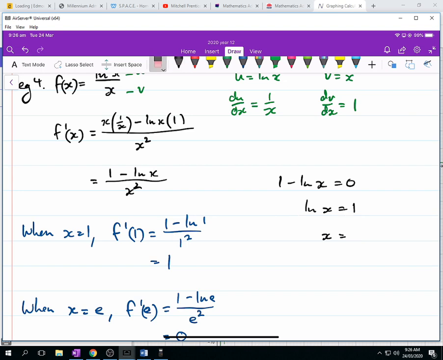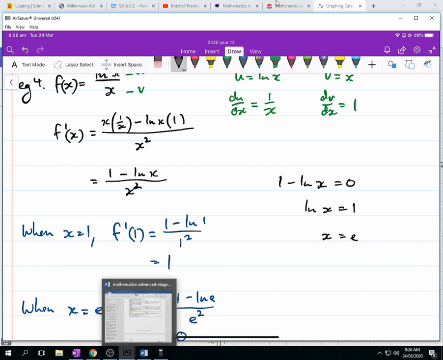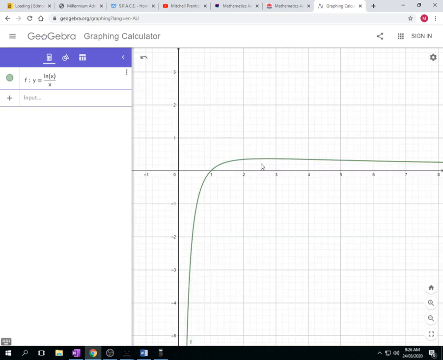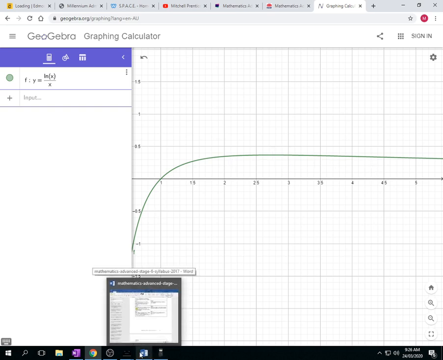So that's why we've got our stationary point when we're at e just there. And by the look of it, we could actually check what kind of stationary point it is. I have a feeling it's going to be a maximum turning point, but we could check that.